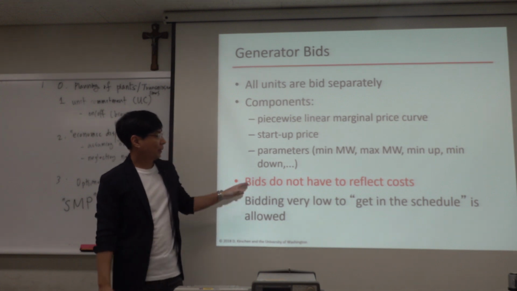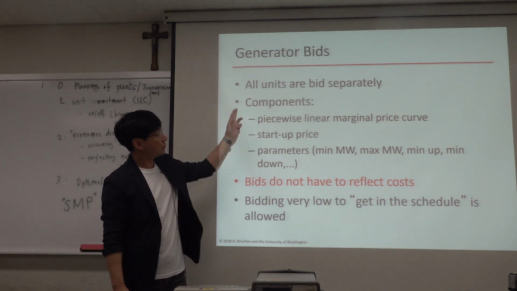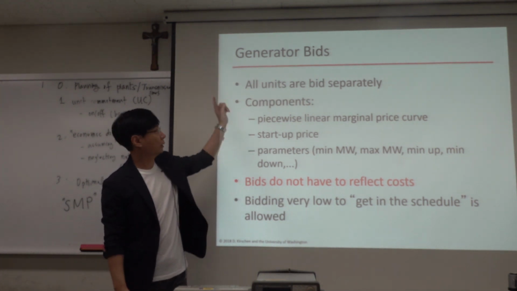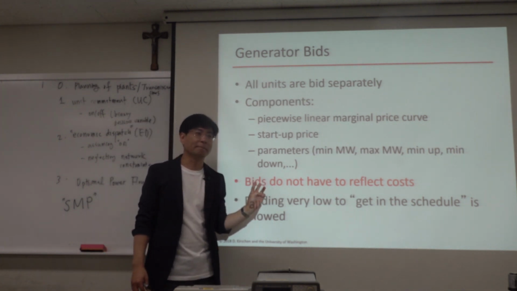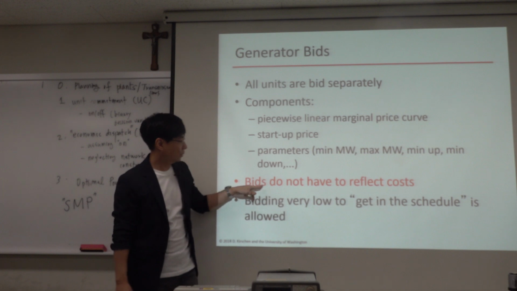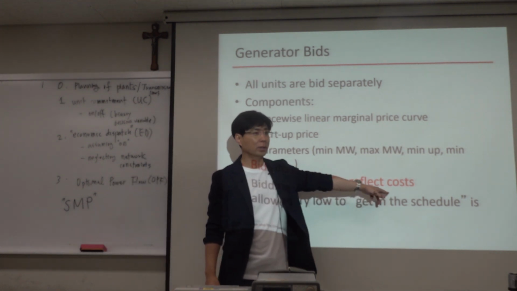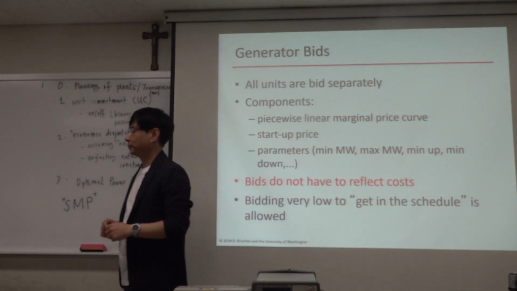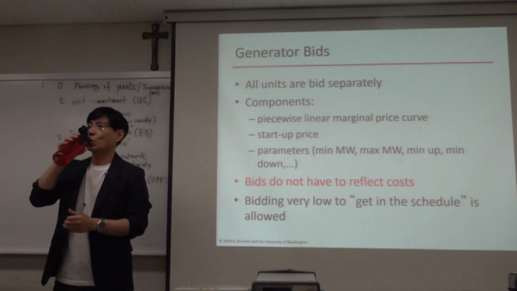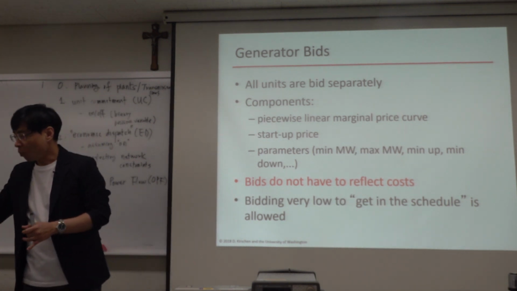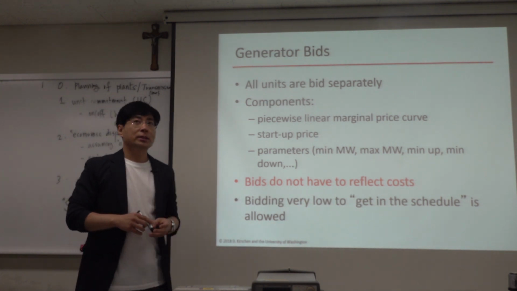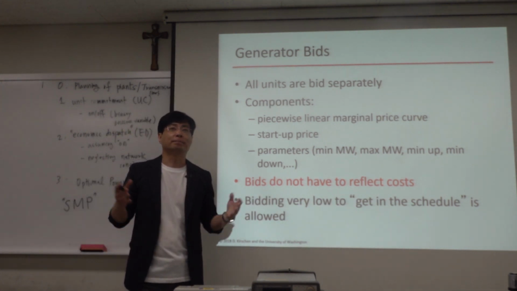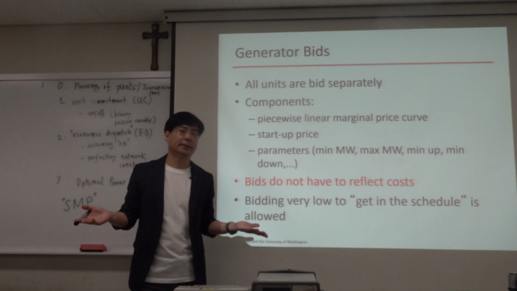But generally speaking, in the centralized market, the generator need not bid honestly. That means the bids do not have to reflect their real cost. That is not enforced, and I think the reason is, how can I check it?